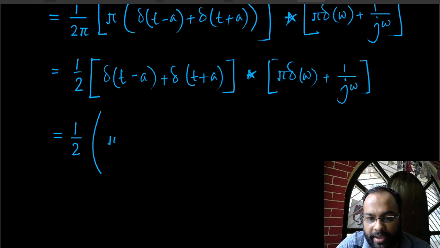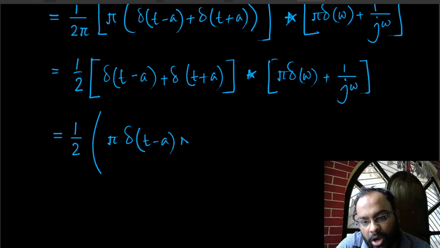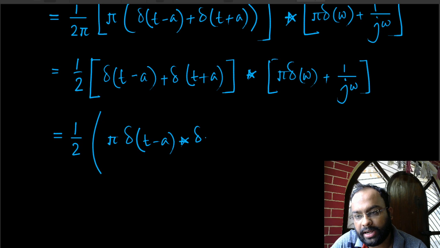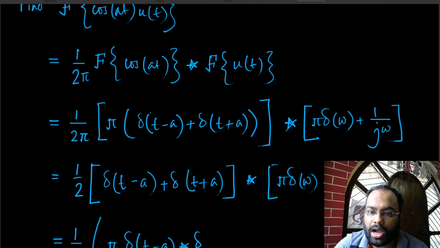So I have pi delta omega minus a convolved with delta, sorry, why did I write t? How on earth did I write t?